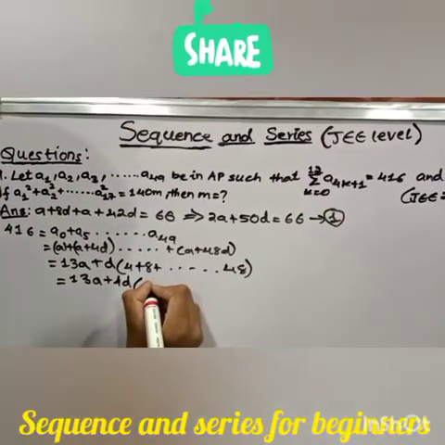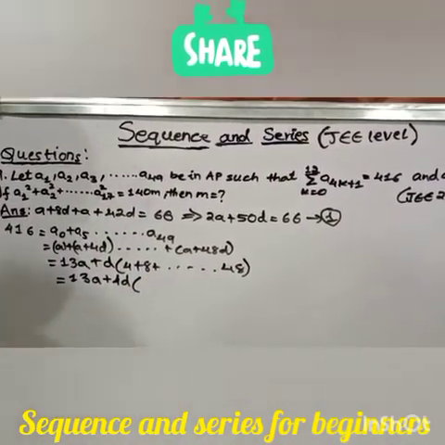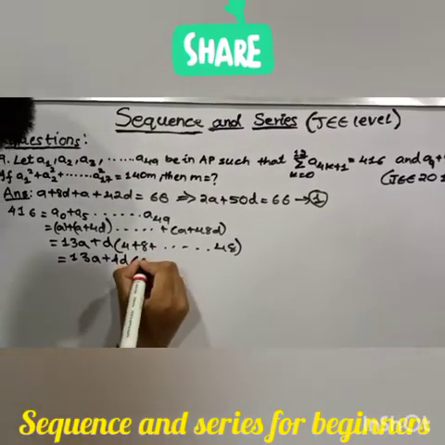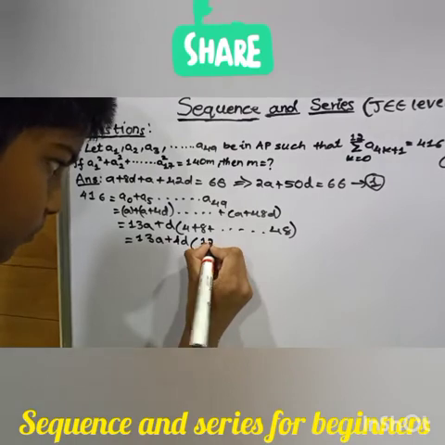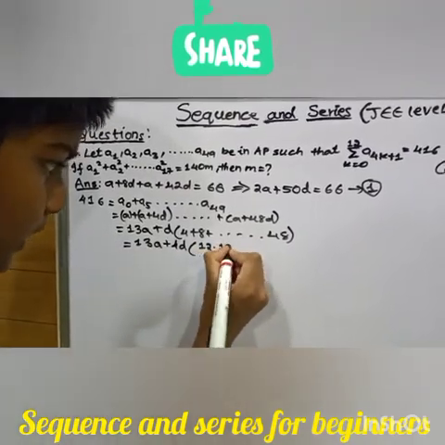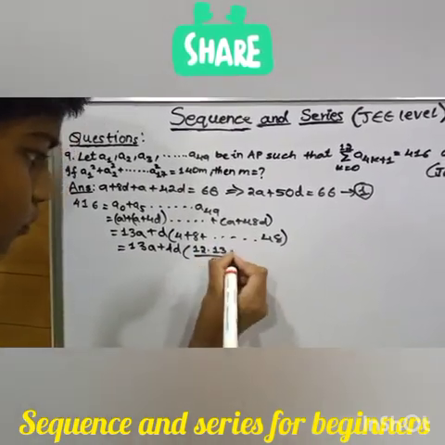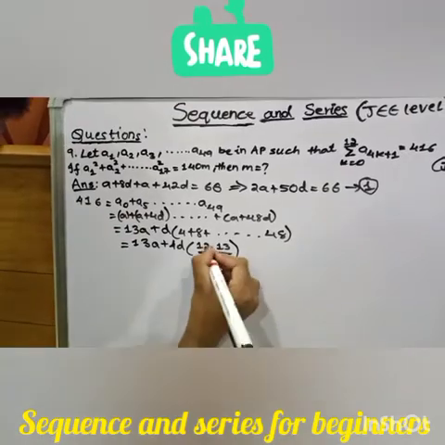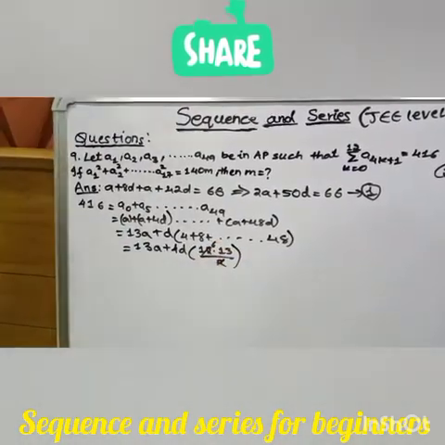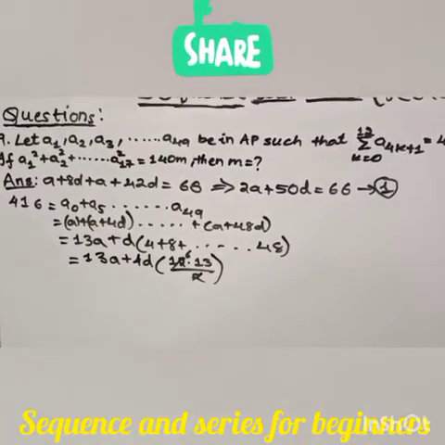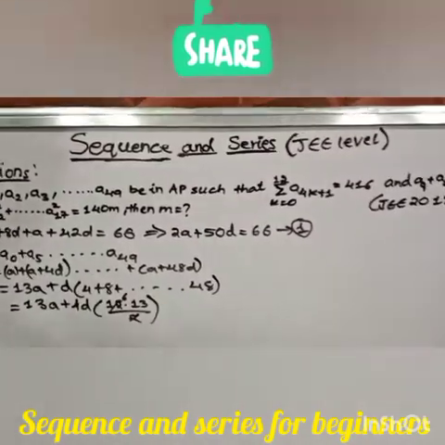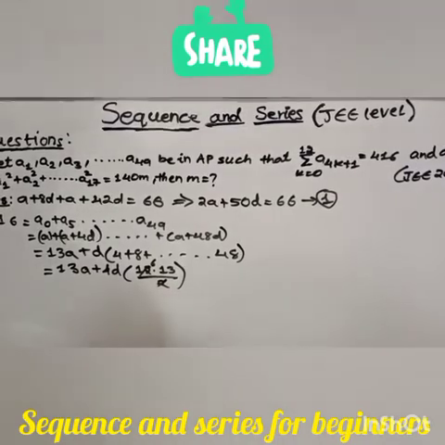Which is going to be equal to n into n plus 1 by 2, where n is 12, into 13 upon 2. So 6 times 13. We can even cancel by taking 13 common from here.